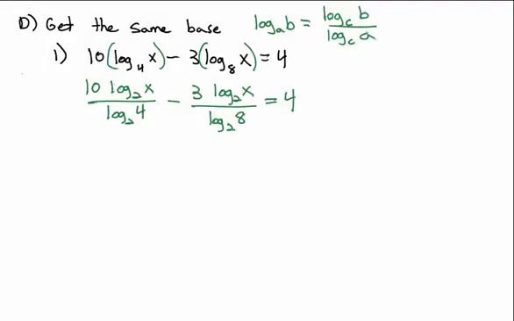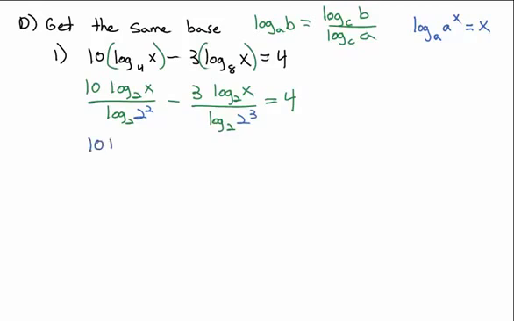Now that 4 and 8, let's rewrite them with exponents. 4 is really 2 squared, and 8 is really 2 cubed, because that's going to allow us to simplify using our property that the log base a of a to the x, if the bases match, the solution is the exponent.